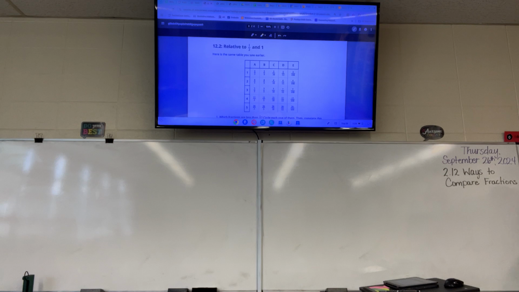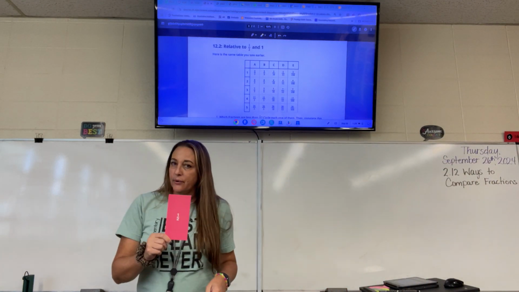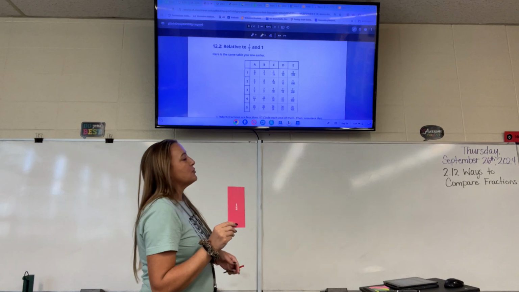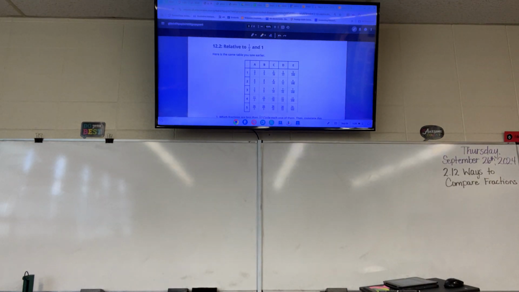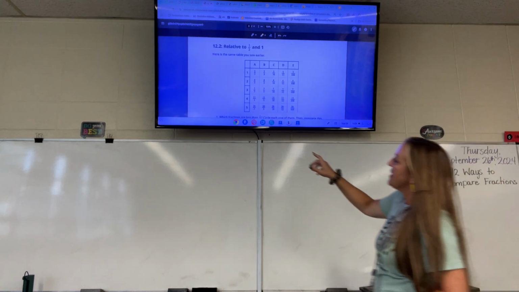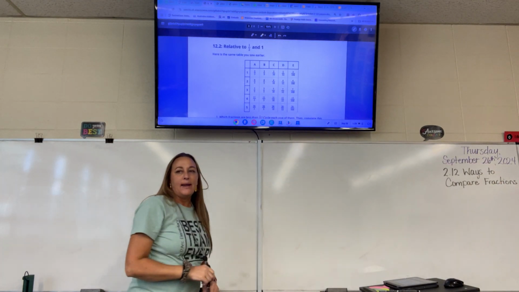We are comparing all of these fractions to 1/2. Okay? The first one is 2/3. So if you have 2/3, which we do right here, and you're comparing that to 1/2, the question is, is 2/3 less than 1/2?